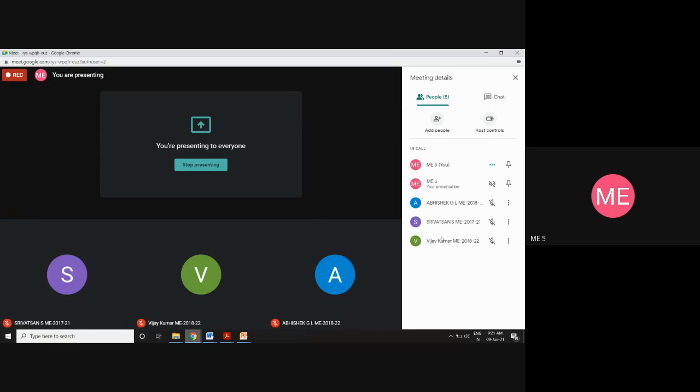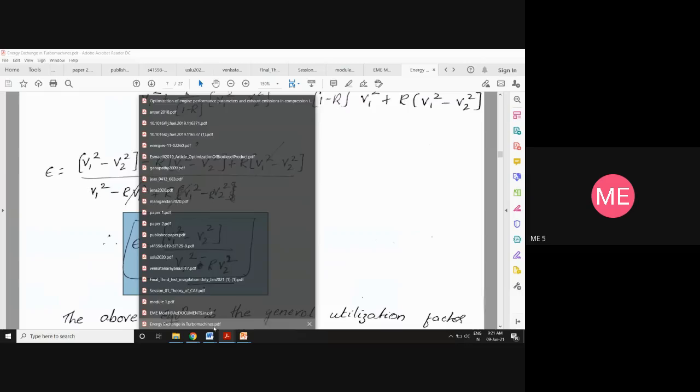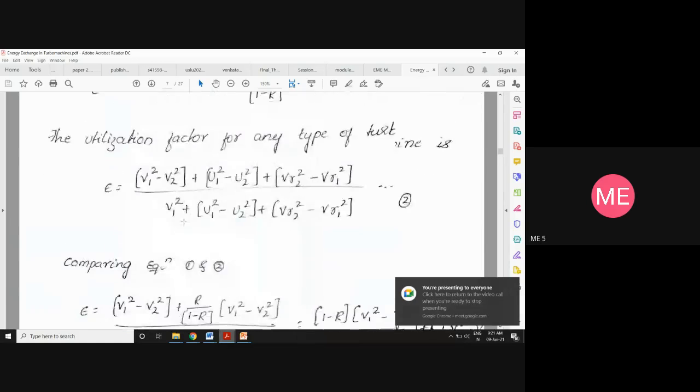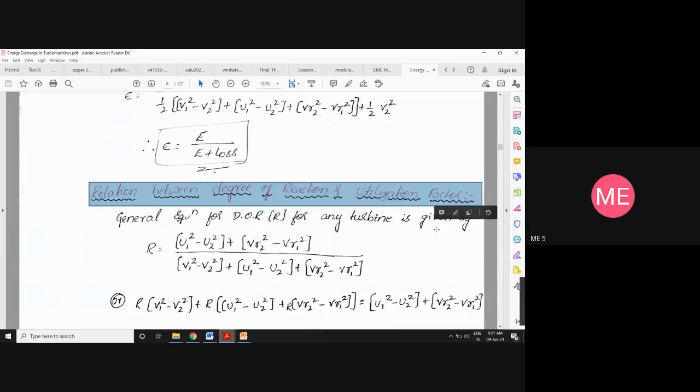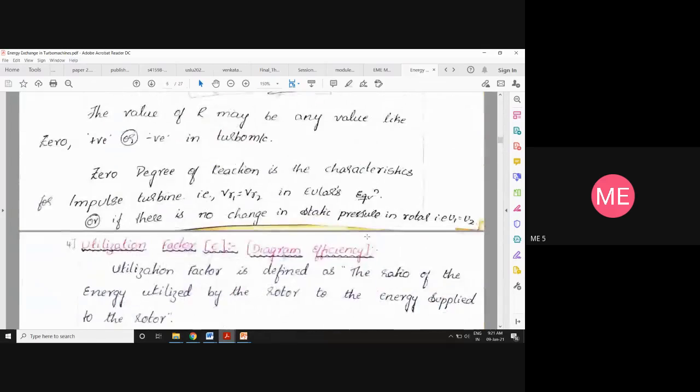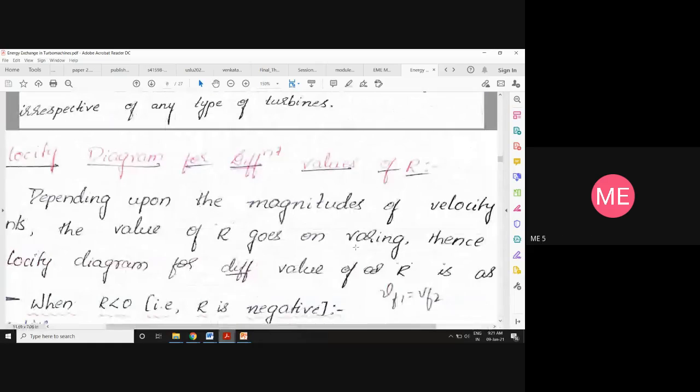Have we written that? So many times they've asked the relation between degree of reaction and utilization factor, and the modified Euler's turbine equation. If you know those two, probably one question you can easily answer.